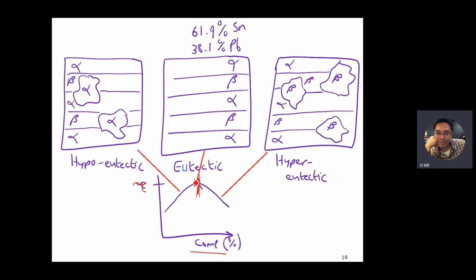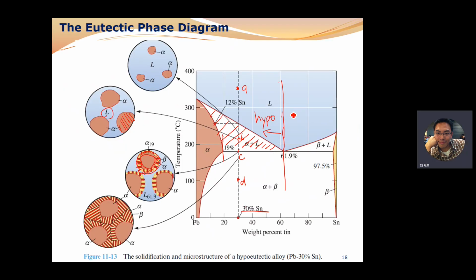If the composition is on the left of the eutectic reaction, it is called hypoeutectic. If it is on the right of the eutectic reaction, it is called hypereutectic. No matter whether it is hypo or hypereutectic, its mechanical property is poorer than that of the eutectic reaction.